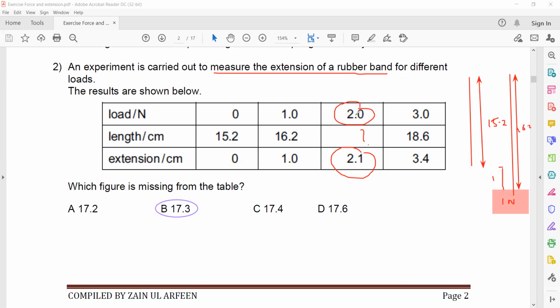But now the question is, if we attach 2 Newton, the extension or increase in length is 2.1. So what is the total length? If originally it is 15.2 and the extension or increase in length is 2.1, what will be the total length? It will be 17.3. So B will be the right answer. Is it clear, this question?